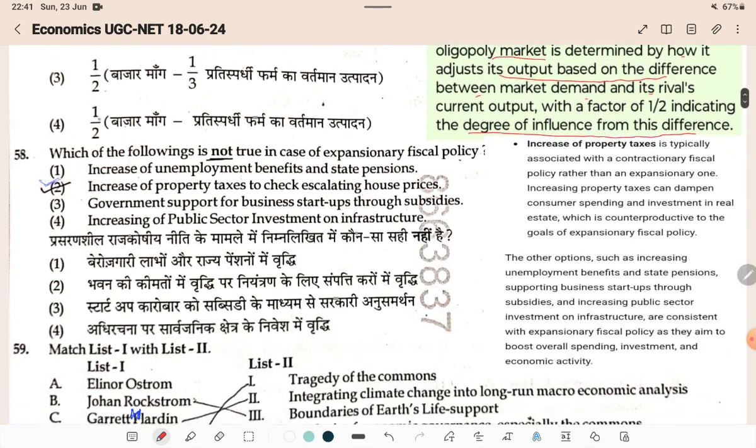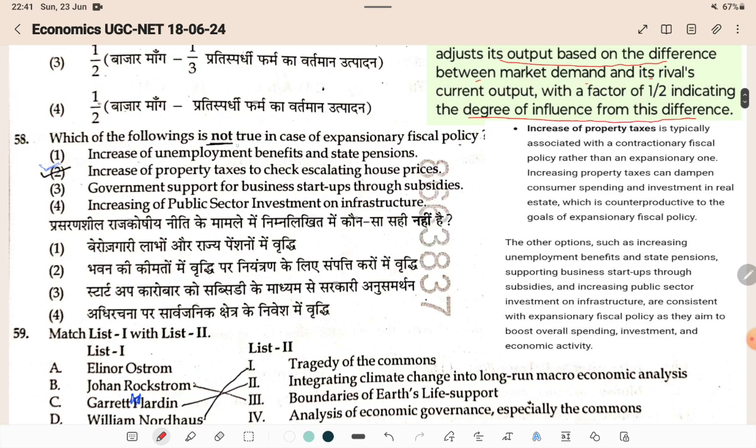So now the next question: which of the following is not true in case of expansionary fiscal policy? First option, increase of unemployment benefits and state pensions, it is true here. And second option, increase of property tax to check escalating house prices.